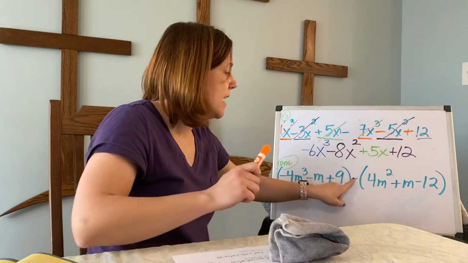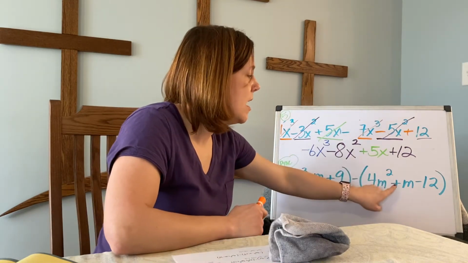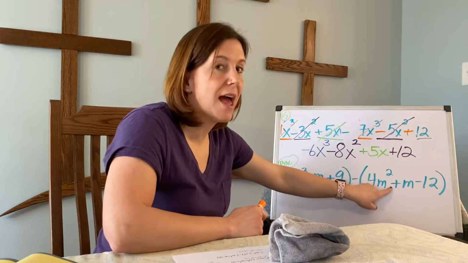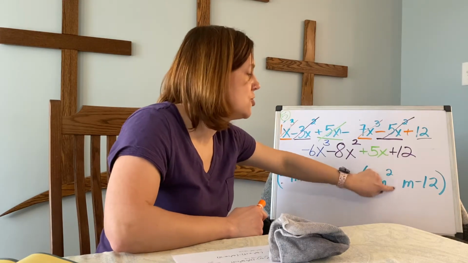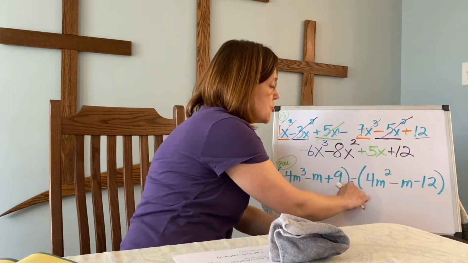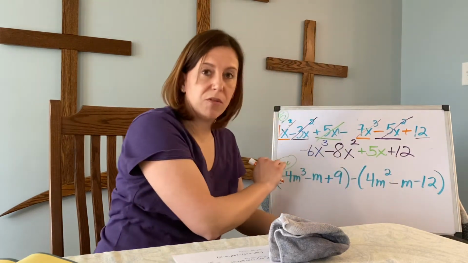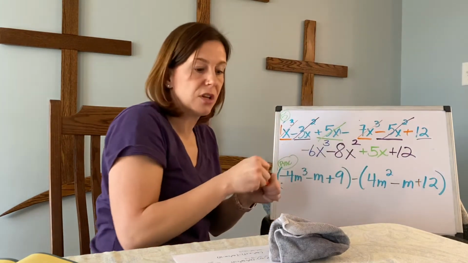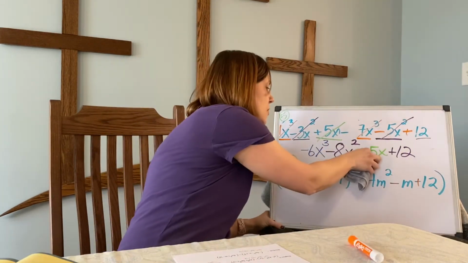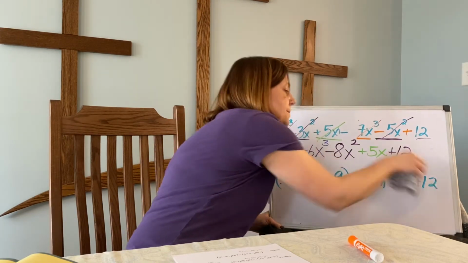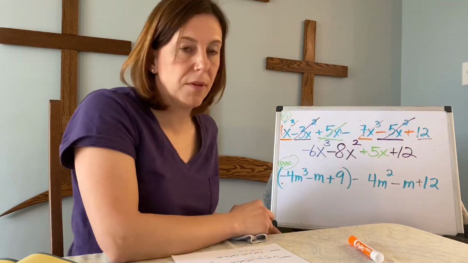However, if I subtract my next one, it's still minus positive m. That's going to change to subtraction. My last one, I'm subtracting a negative 12. And we know when we subtract a negative number, it cancels out and becomes addition. So once I've gone through all of that, that is my new math problem.